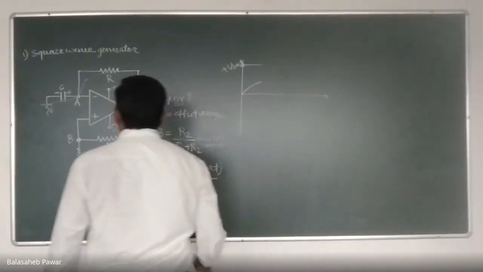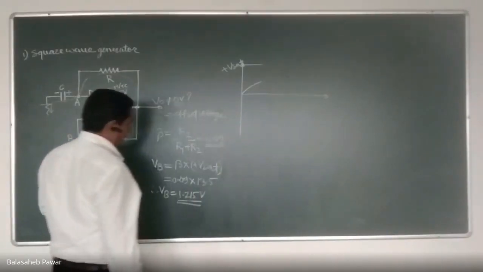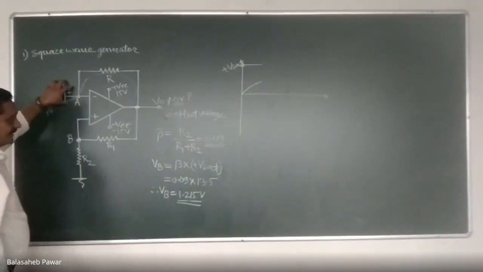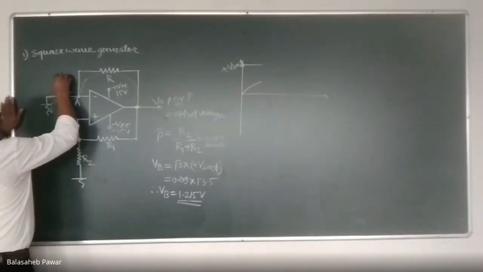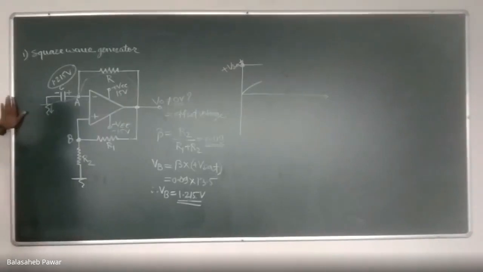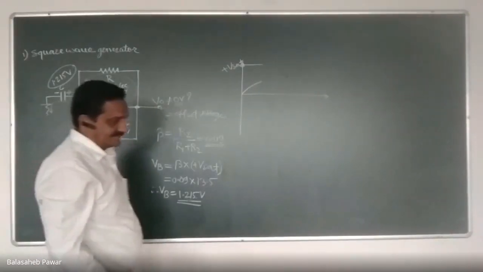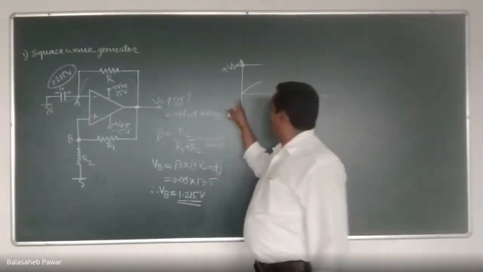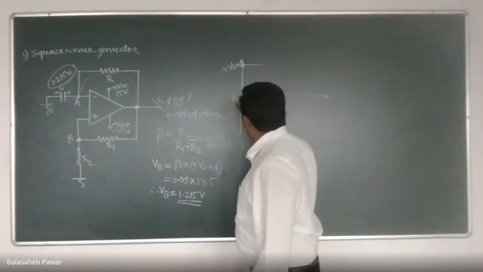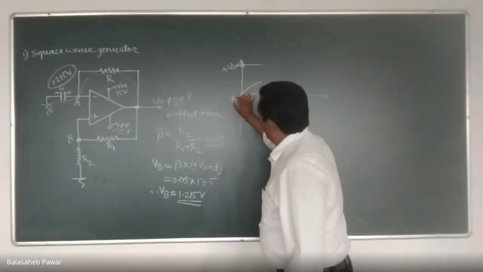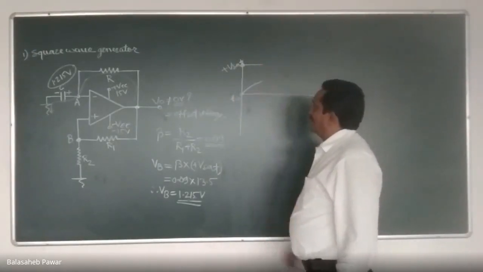At a particular time, the capacitor voltage will become 1.215 volts. Are you agreed with this? At a particular time after T0, where I consider T0 at the origin, the output of that op-amp gets switched to plus Vsat.